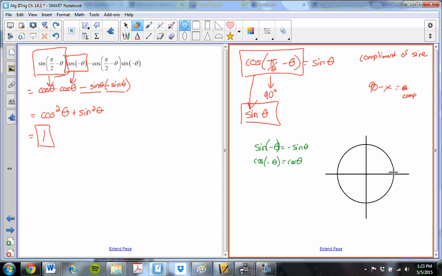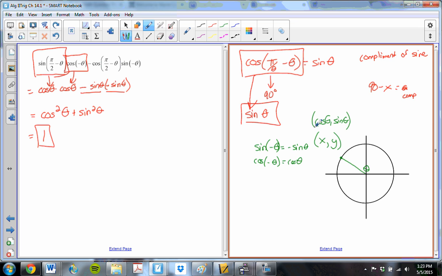So we'll pretend like this circle has a radius of 1. If I travel theta degrees, and let's say theta degrees puts me right here. This is theta degrees. Well, there's going to be a cosine and a sine, and that's x and y. Cosine is your x, sine is your y.